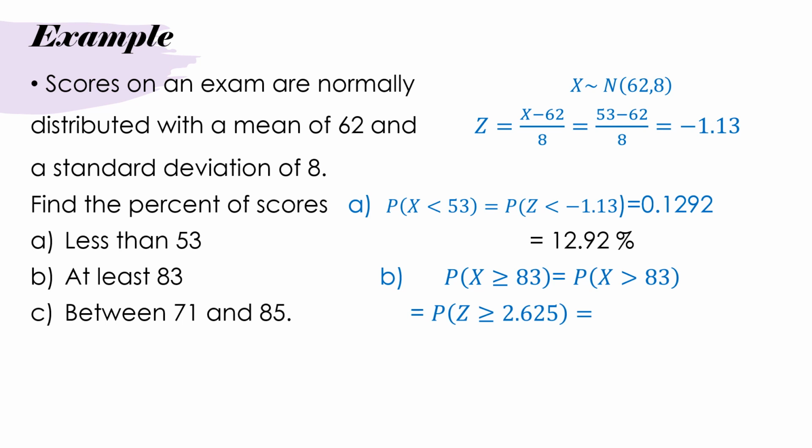So you can find the z value corresponding to 83. 83 minus 62 by 8 will be 2.625. Using the table, you can only find the values less than 2.625 because you always find only the area to the left, which is 0.9957, but you are looking for the area to the right of it. So it is 1 minus that, which will be 0.0043 or 0.43%.